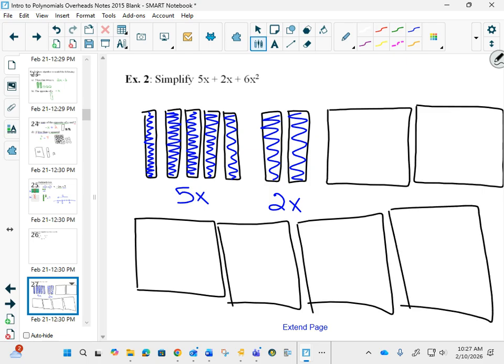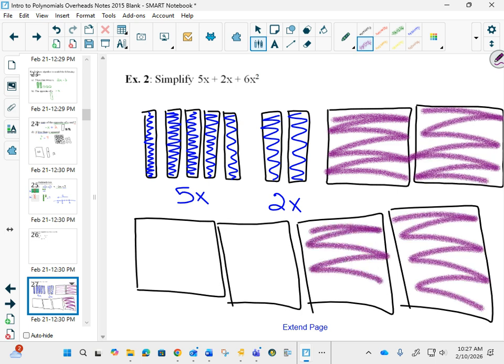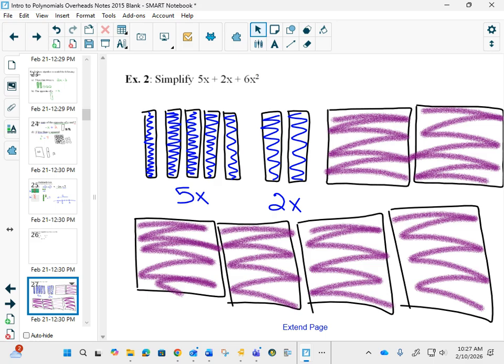Do I shade these ones in? Oh man, I gotta take out a crayon. Purple. Oh yeah. Shade them in. So shaded in means positive. Those ones will be my 6x squared.